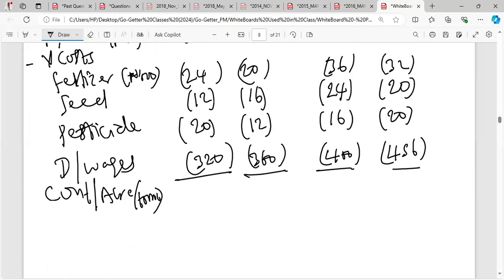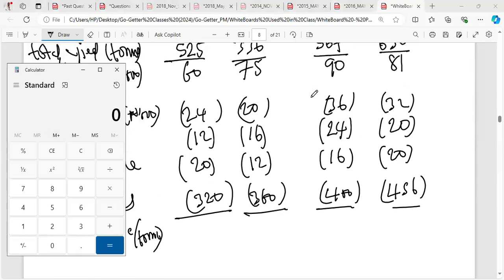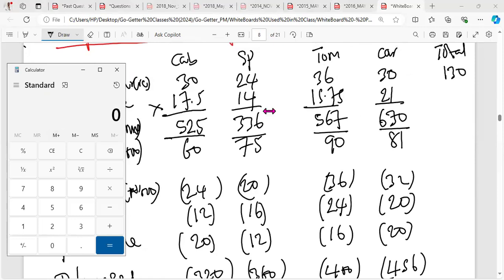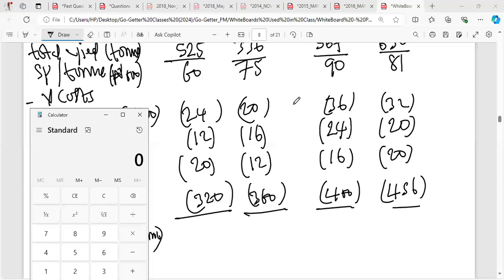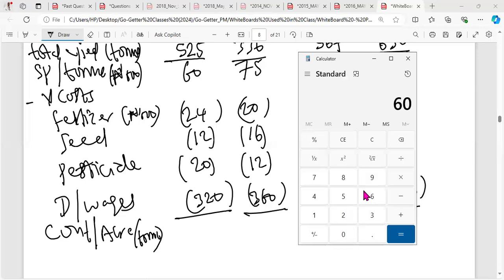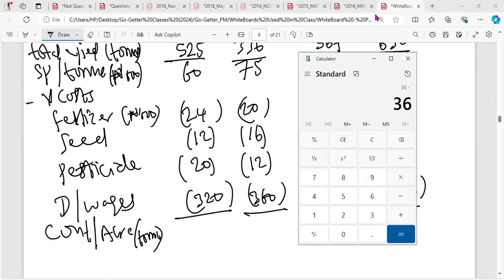So what I have here, this is my selling price, and I'll minus all of these ones. Let me start with this 60. 60 minus 24, wait a minute.